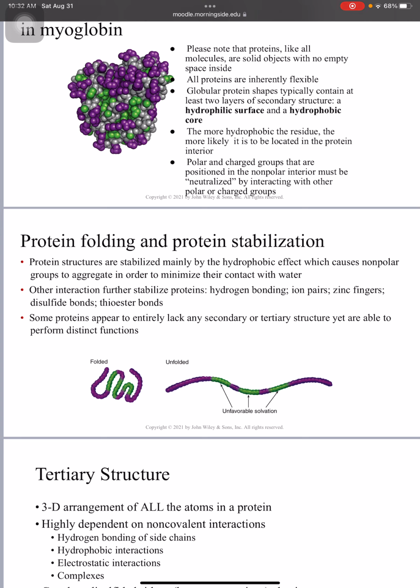Backbone interactions, backbone hydrogen bonding is important, but also interactions between side chains is important, right? And this opens up other possibilities besides just hydrogen bonding. Hydrogen bonding is certainly part of this as well, but also you have hydrophobic interactions that are important, electrostatic interactions and ion pairs, disulfide bonds, and a few others, right, that are going to be important.